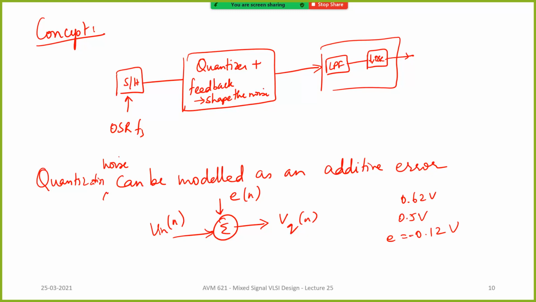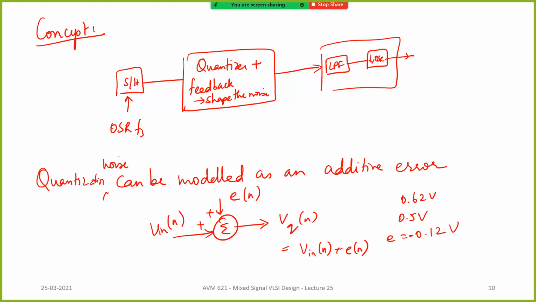So you can think of V_Q of n as V_in of n minus E of n, or you can say error is additive in nature and you just flip the sign of your error. However you want to look at it. All right. So this is how you can model a quantization noise. Of course, this E of n is not a constant. E of n depends on the input.